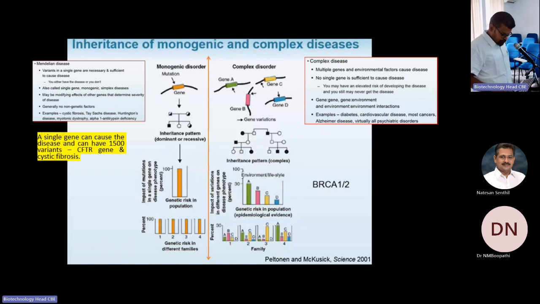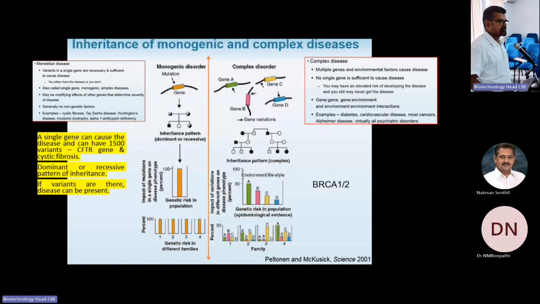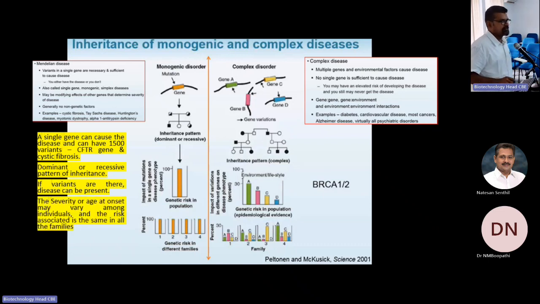If we look into the risk factors, it may be a dominant or a recessive pattern of inheritance. If the variant is there, the disease will be present. So if you compare it across the population, it will be all the same because it's a single gene. If there is a mutation in the gene, definitely there is a genetic risk in the different families. Like here, there is a comparison of 4 families.